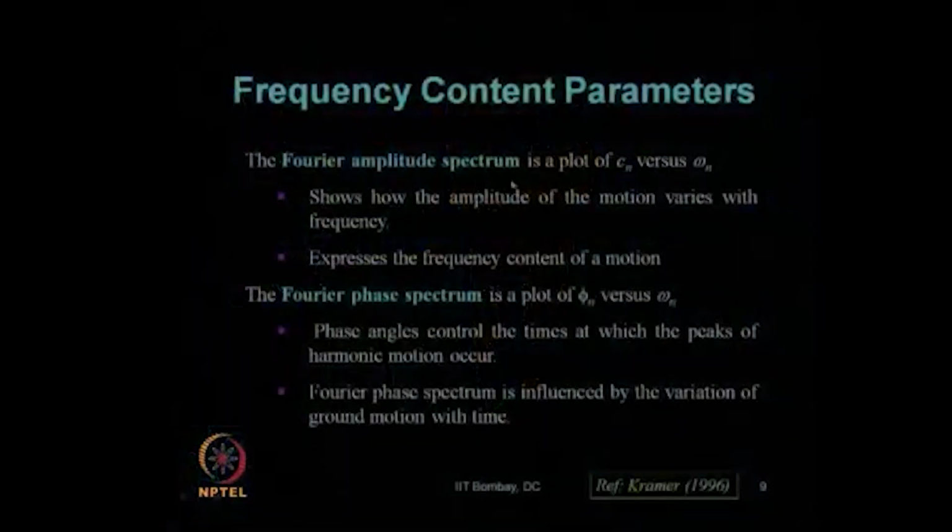So, it is not only giving the Fourier amplitude spectra, the value of the amplitude, but from this plot of phase spectra it also gives at what interval the peak or the maximum will occur in this harmonic motion. So, the Fourier phase spectrum is influenced by the variation of the ground motion with respect to time, which is quite obvious, because that is the input parameter for you to derive the Fourier amplitude or response spectra.